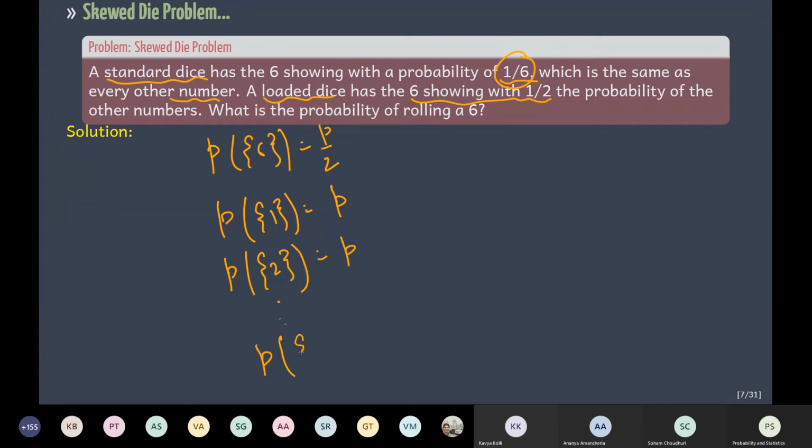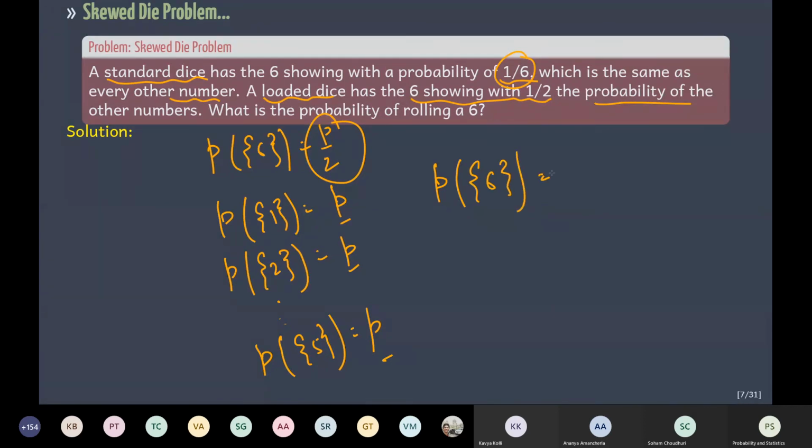The probability of 5 is P. But we are not told what that P is, and still we want to know the probability of rolling a 6.